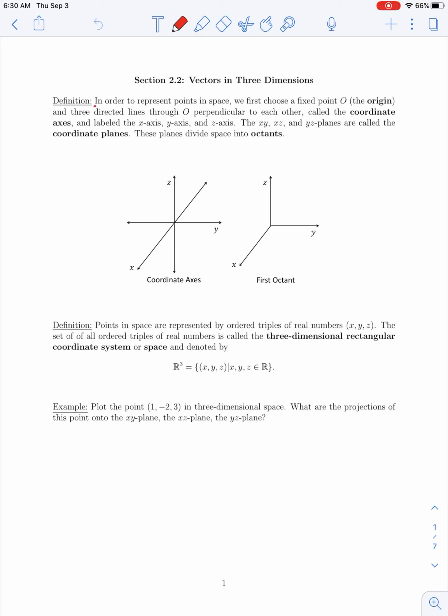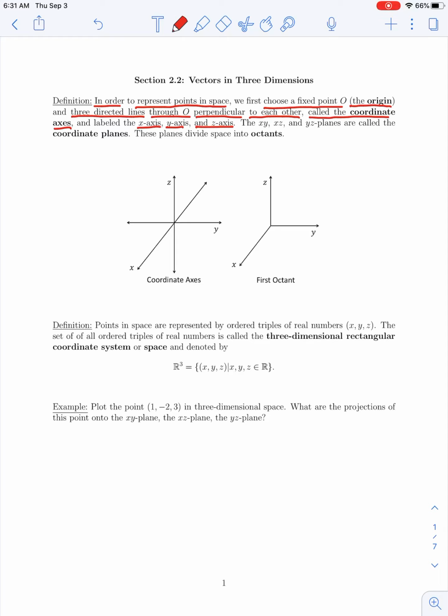So we'll say in order to represent points in space, we would first choose a fixed point, which we're going to label O, and refer to as the origin. And we'll define 3 directed lines through the origin, which are perpendicular to each other and referred to as the coordinate axes, and labeled as the x-axis, y-axis, and z-axis.